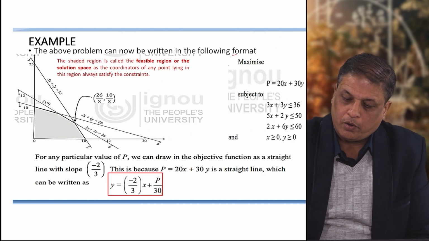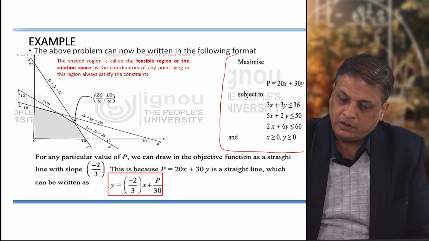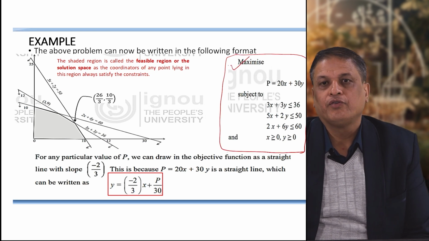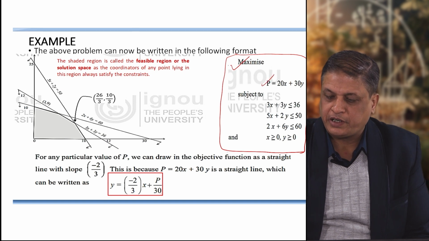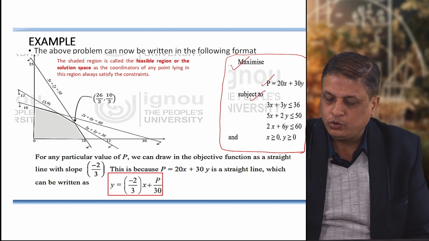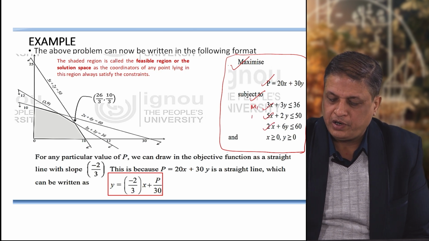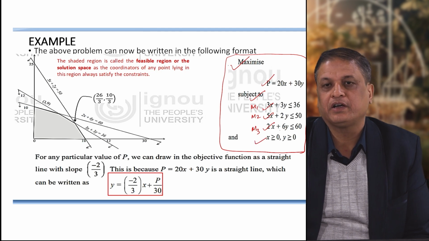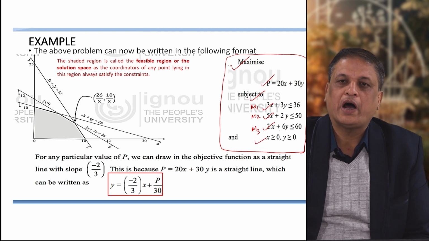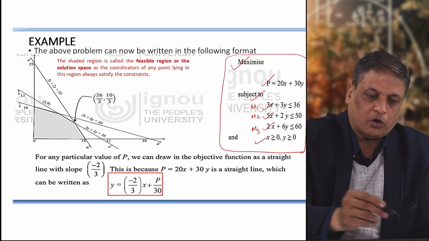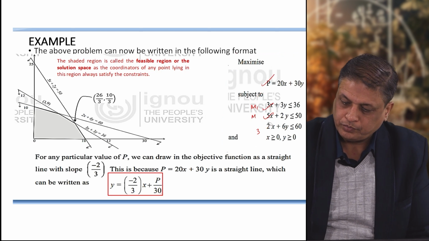The overall problem formulation appears like this, wherein we need to maximize the objective function P is equal to 20x plus 30y subject to these constraints. These are the constraints from machines M1, M2 and M3, and this is the non-negativity constraint. I hope you learned how to formulate the problem.